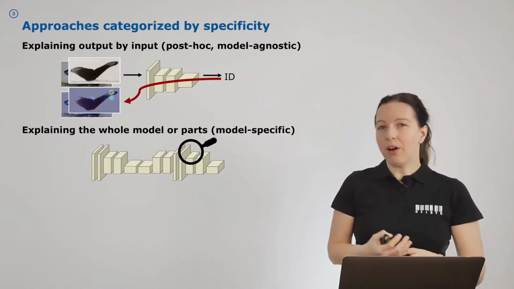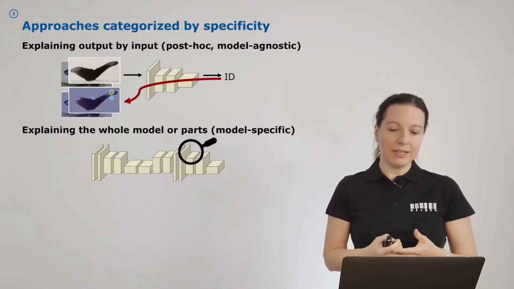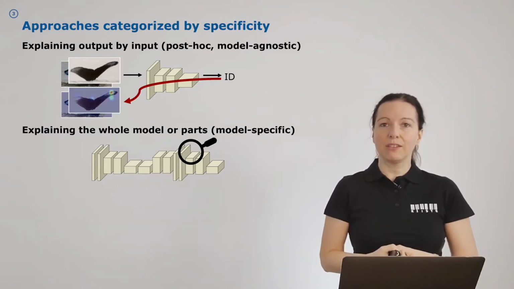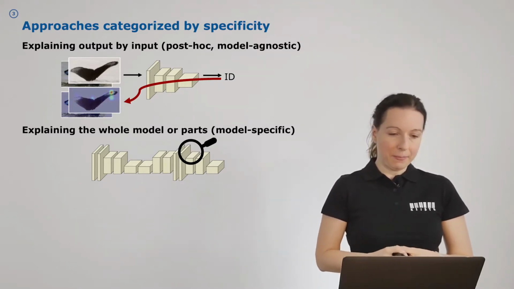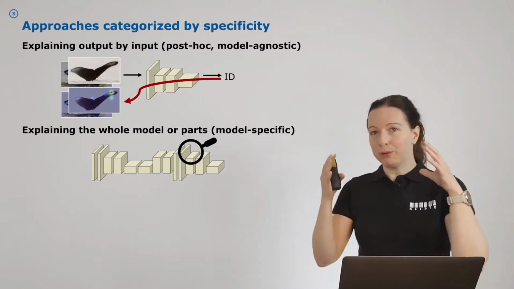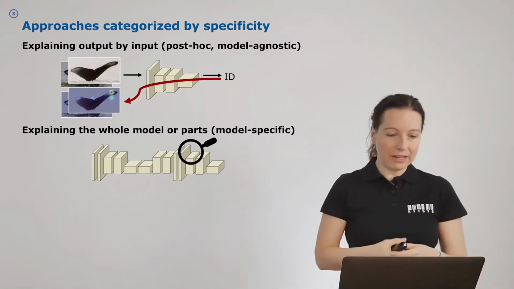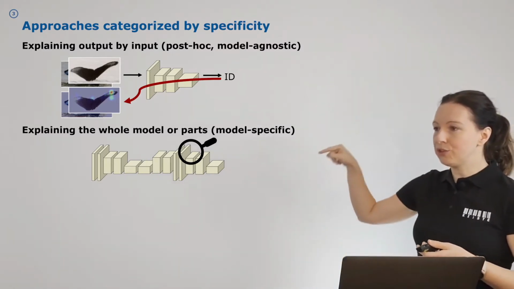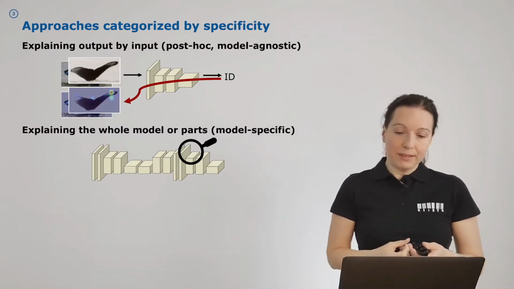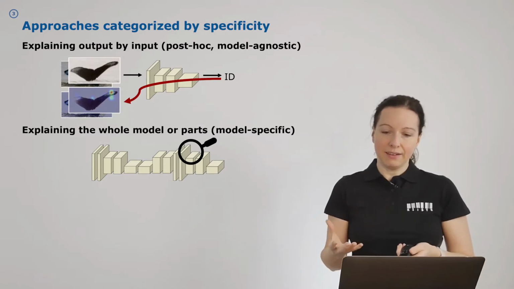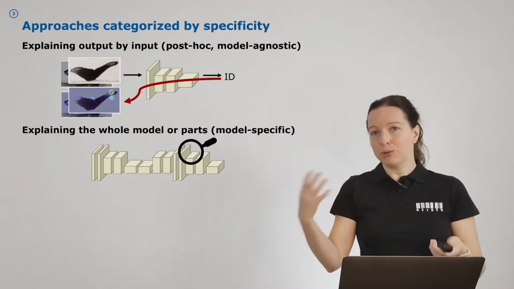And we already talked a bit how you can reveal insights into a decision process, and one categorization is specificity. And today we will talk about one specific category, and as a reminder, we have two categories. The first one, illustrated on the top, is that you want to understand how the model relates the input to the output.